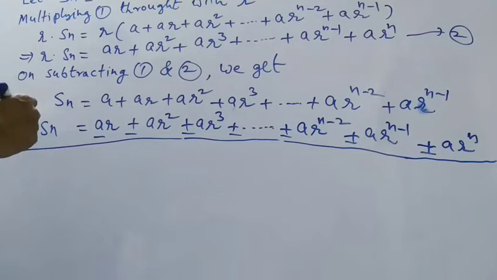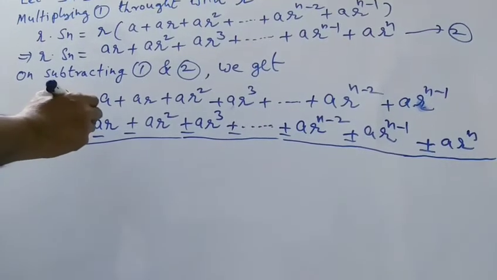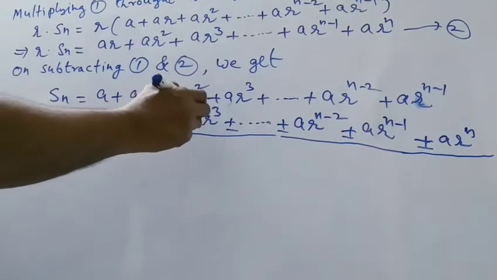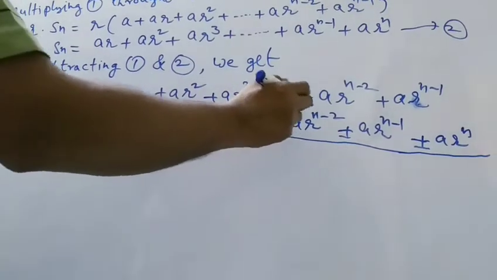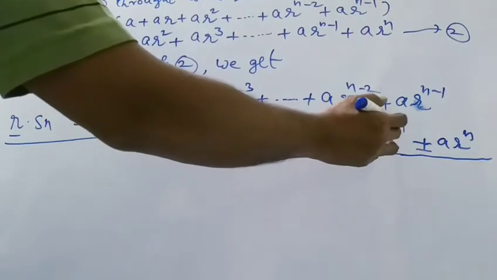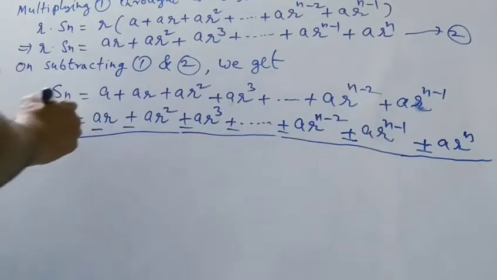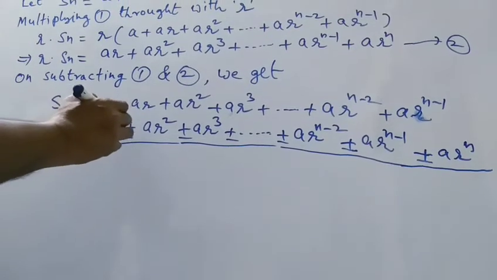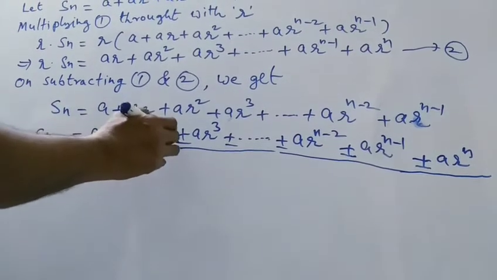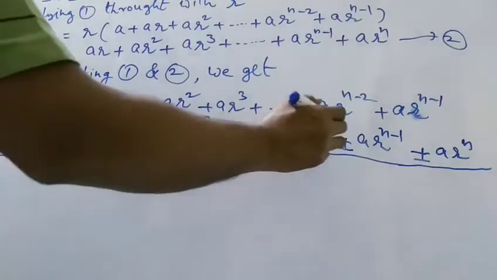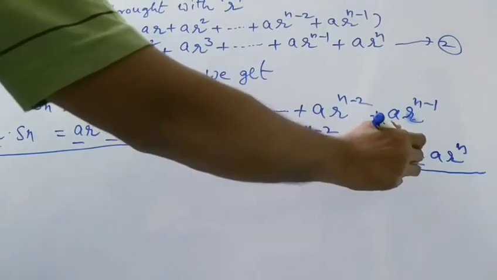And r into Sn is equal to ar plus ar square plus ar cube plus and so on plus ar to the power of n minus 2 plus ar to the power of n minus 1 plus ar to the power of n. So here plus becomes minus, and so on for each term.